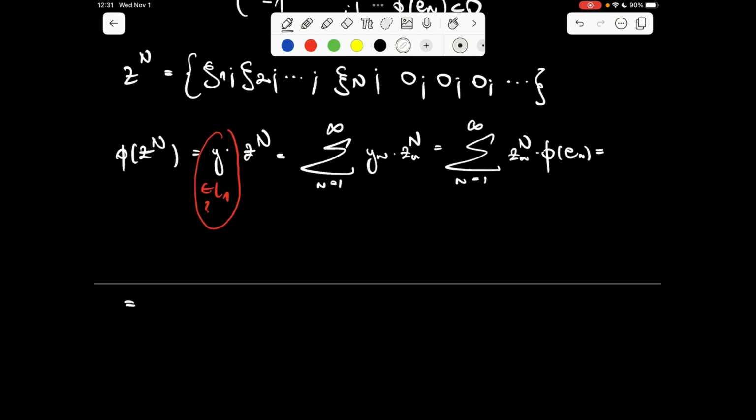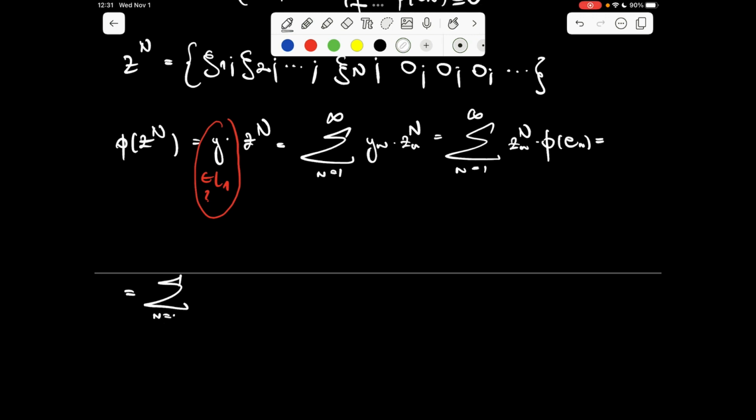And now we can use the numbers Cn, and we use the fact that Cn is 1 or -1.